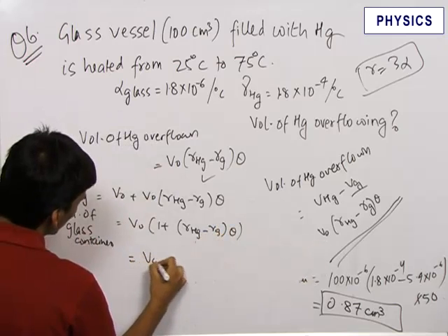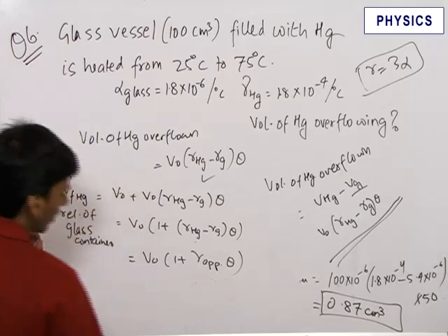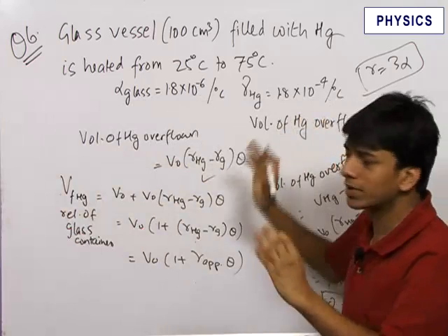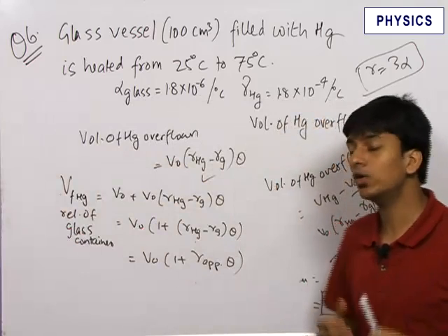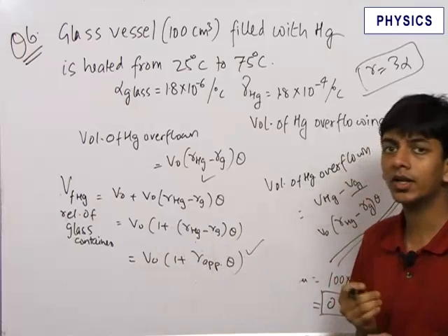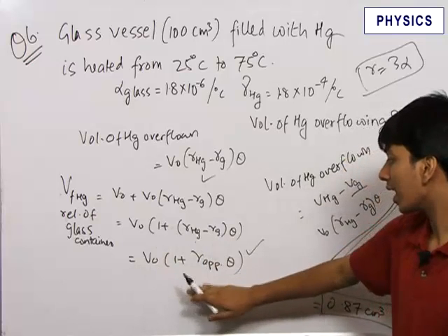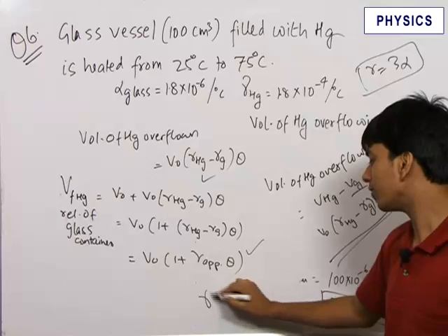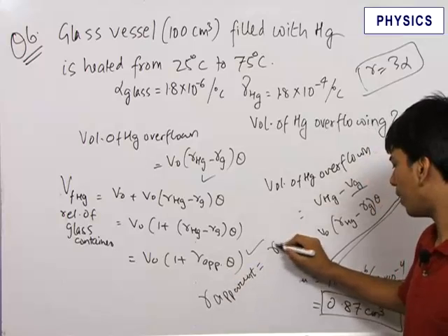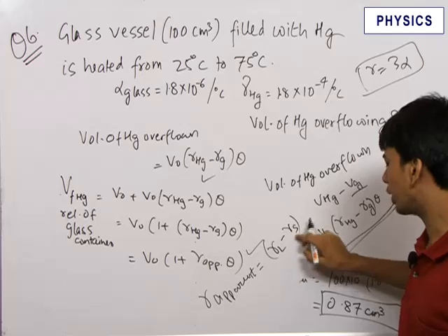This is equal to V0 into 1 plus gamma apparent into theta. Therefore, if you assume the volume of the glass vessel to be 100 centimeters cube and you need to find out the volume of mercury overflown, you can use this formula: the final volume of the mercury relative to the glass container comes out to be equal to V0 into 1 plus gamma apparent into delta theta, where the value of gamma apparent can be taken to be equal to gamma of liquid minus gamma of solid, that is the gamma of the solid container.